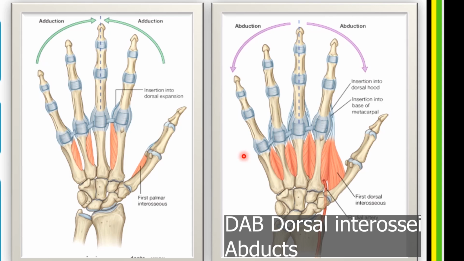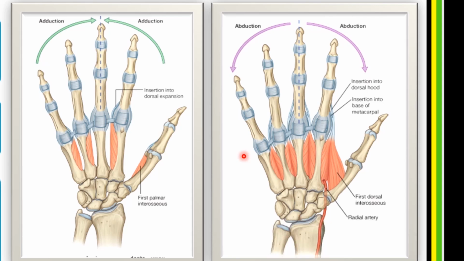And because the dorsal interossei abduct, we use the mnemonic DAB, D-A-B. The palmar interossei adduct. This is adduction, moving the fingers closer to the midline. Because the palmar interossei adduct, we use the word PAD.